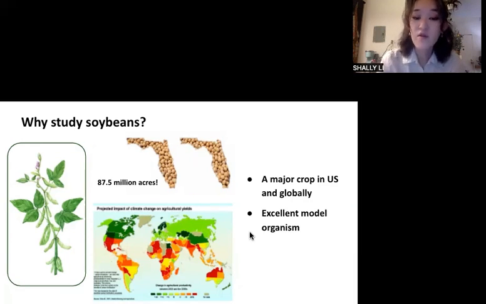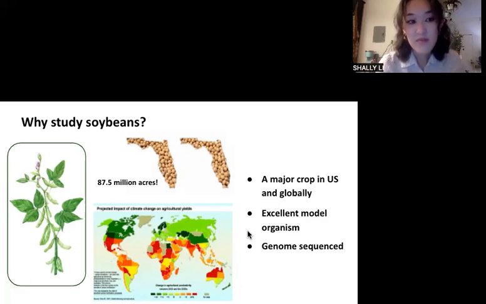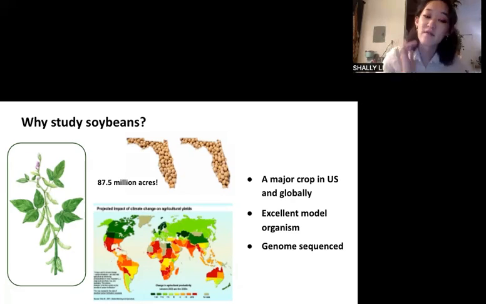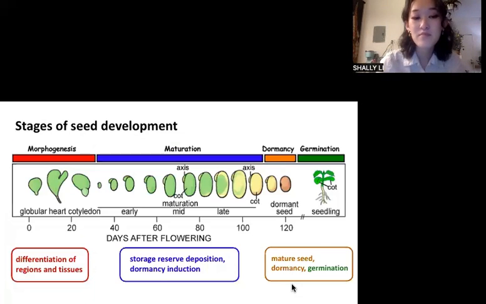And understanding the soybean will also give us information on other legume crops and seed development in general, because it is an excellent model organism. And finally, soybeans are a great plant for studying genetics because its entire genome has already been sequenced.